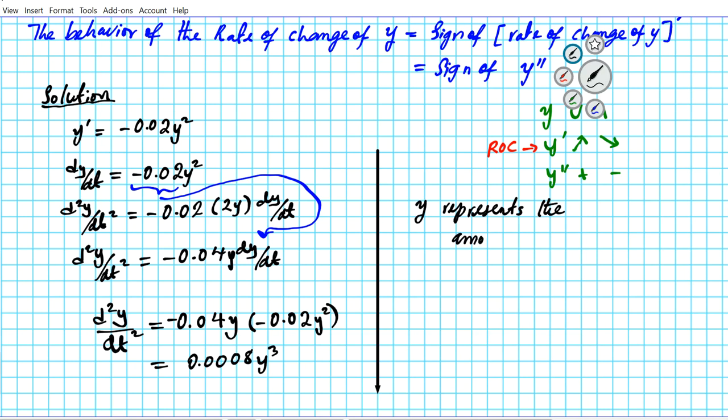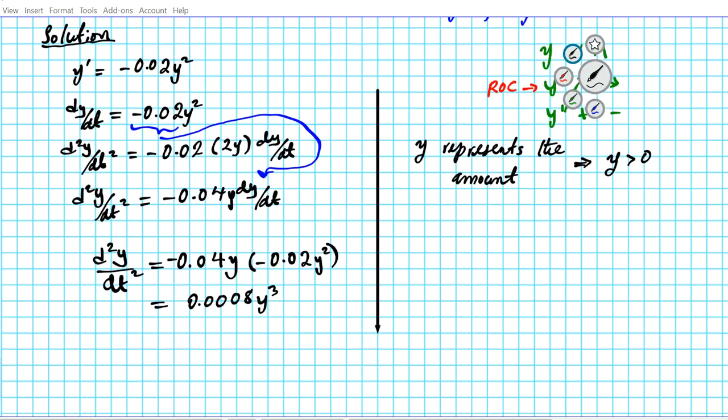So what does that mean? If y is an amount, is there any such thing as a negative amount? Is it possible? We're looking at the amount of a substance. If y represents the amount of a substance, then we know for a certainty that y has to be greater than 0. That's very important information. Because if y is positive, what does that tell us about this expression right here?